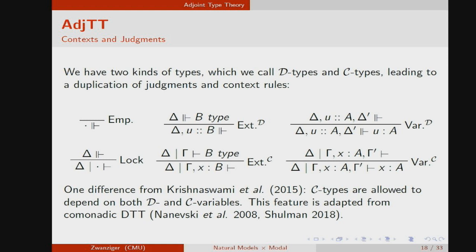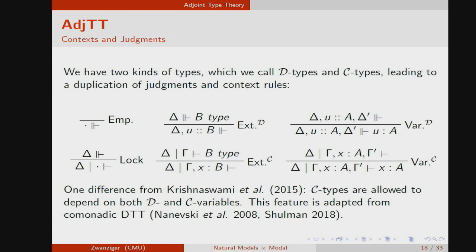Why is there this asymmetry where for the C context you can have C types which might depend on D types, but in the D context you just have D types depending on D types? Intuitively, it makes sense to have something flexible depend on something rigid, but it doesn't make sense to have something rigid depend on something flexible. If you think about how that's cashed out in the Kripke semantics, it makes sense to have variable types depending on constant types, but not constant types depending on variable types.